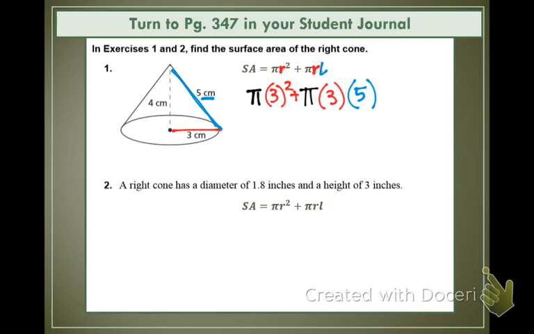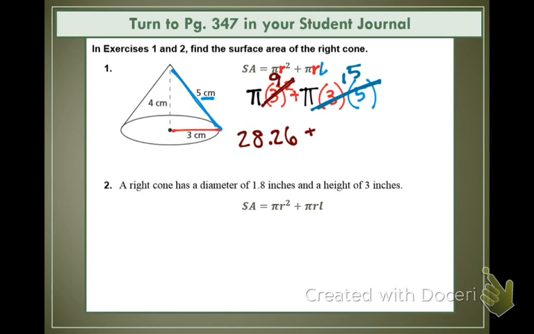So you can't type all this in or you will get it wrong. What you can do is, what's 3 squared? 9. Now do 9 times 3.14. 28.26. Do the same thing over here. 3 times 5 is 15.